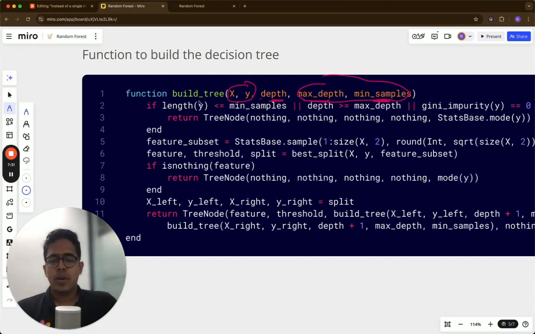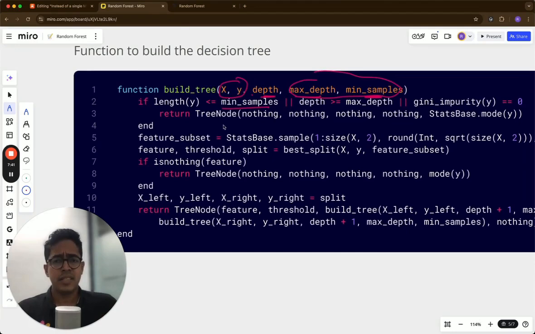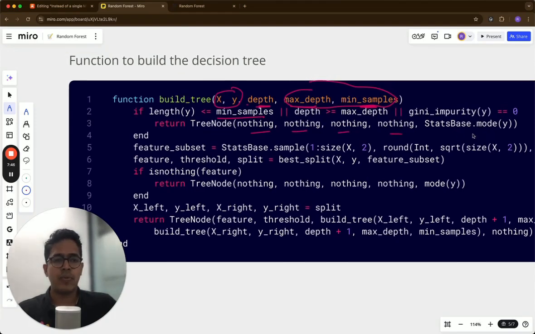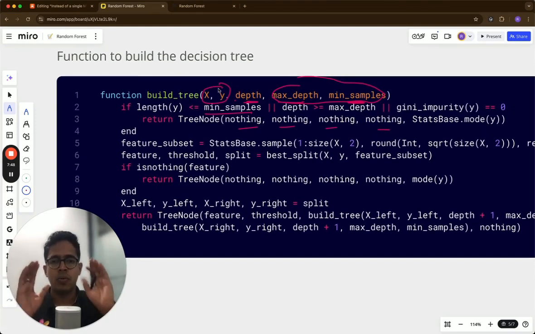Then you check, okay, is the length of y, meaning the number of data points, less than minimum samples? If yes, you return whatever node you have currently, which is a tree node with nothing, and the mode of these data points. So what does this mean?